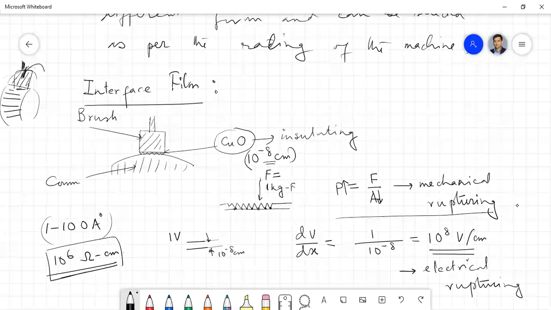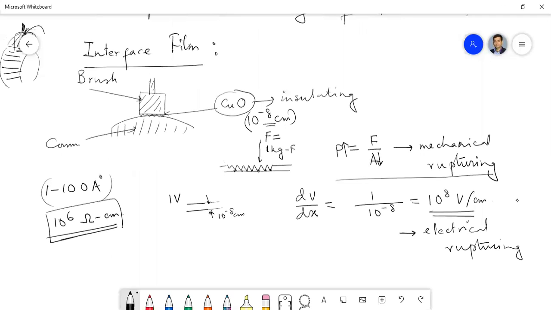And the second point is how we get the electrical rupturing, or electrical breakdown. Electrical breakdown always depends on the voltage gradient or voltage stress. So dV/dx is called the voltage gradient or voltage stress.